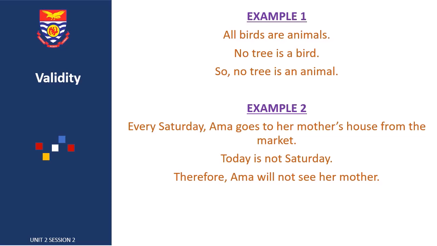But maybe trees may be animals, so we don't know yet. Since we cannot be sure, there's no premise in the argument that gives enough grounds for us to conclude that no tree is an animal. So since there is an absence of a premise that will show that no tree is an animal, we cannot conclude that no tree is an animal. So therefore, to conclude that no tree is an animal will make an invalid argument.